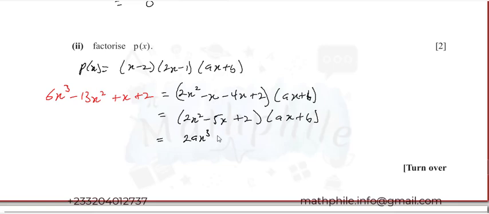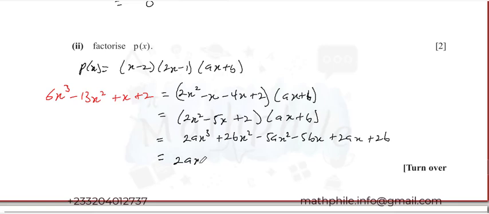Then the next one is plus 2bx squared. Then the negative 5 multiplies everything, negative 5ax squared. Then negative 5bx. Then 2 multiplies this, plus 2ax. This multiplies this, plus 2b. I actually don't like this method because it's too lengthy.